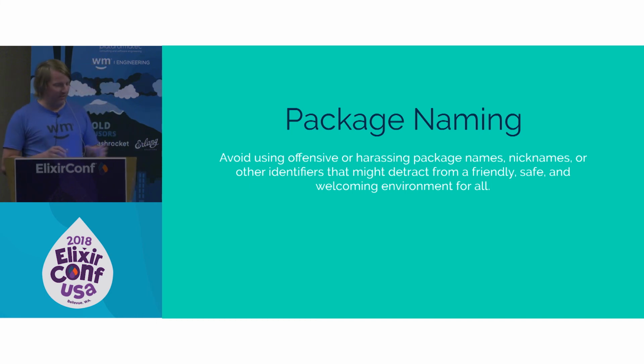I'll just reiterate that the Elixir ecosystem is and should be a very friendly and very safe place for everybody to be. So when you're naming your package, don't be a dick about it. Name it something that is relatively innocuous, descriptive, funny, but don't do anything that is harmful or might be harmful to somebody else.